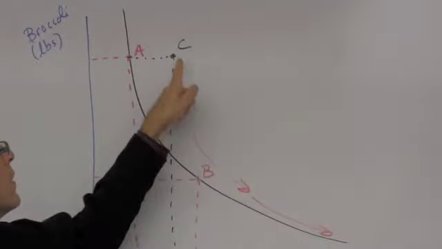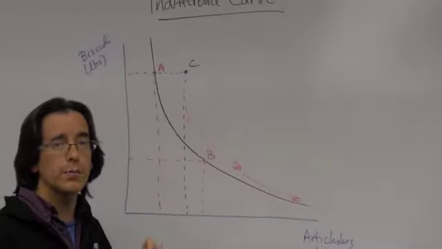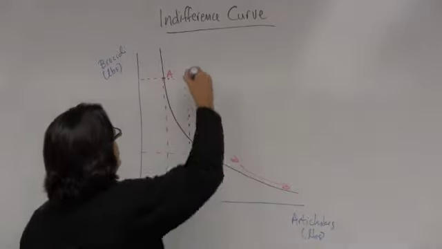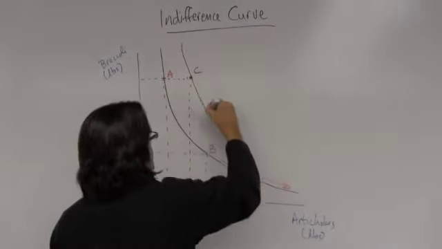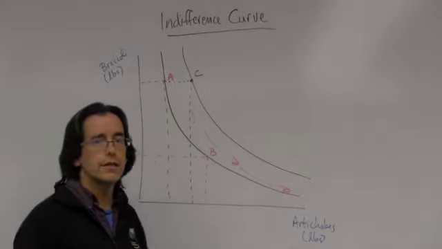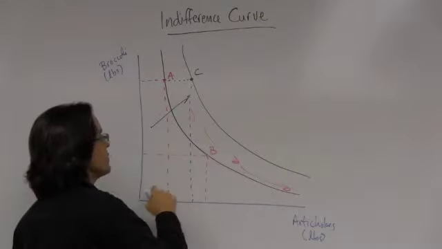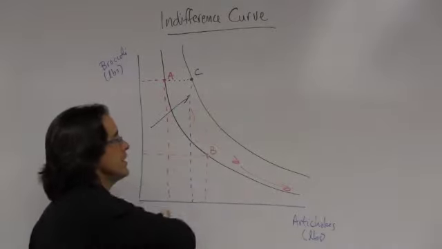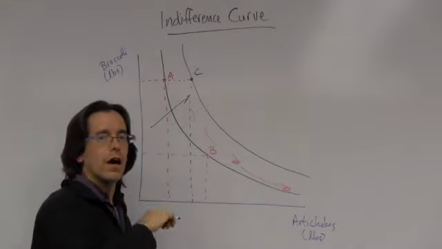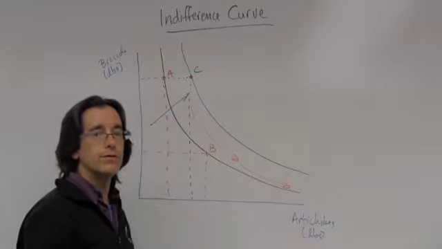So that means the combination of point C is preferred to the combination of point A. So theoretically speaking, we could come up with a new indifference curve through point C. So we've derived this idea that as you move away from the origin, as you move to the northeast, our indifference curves are resulting in higher levels of utility.